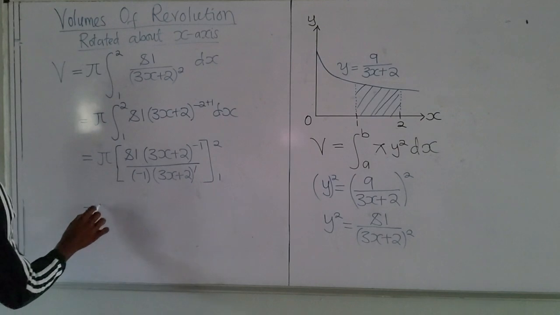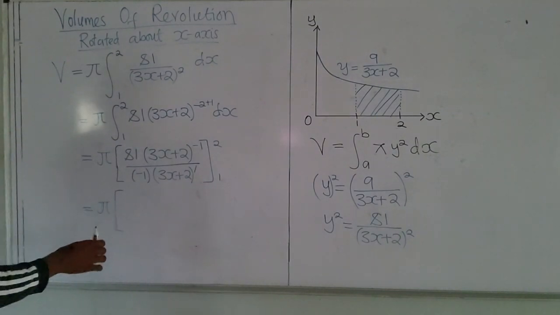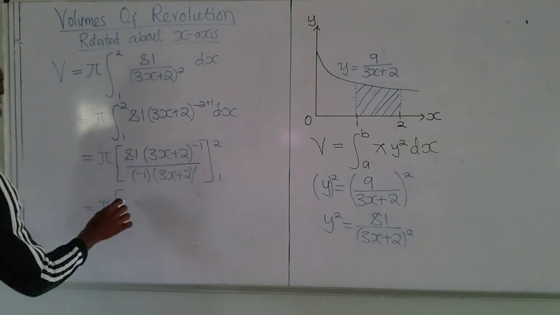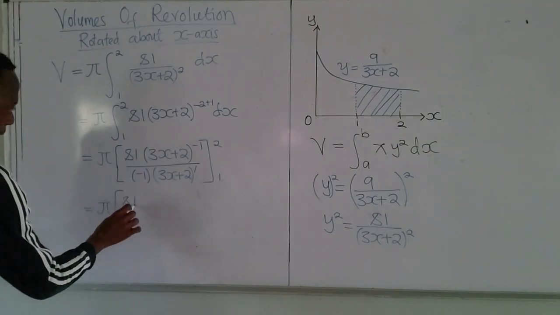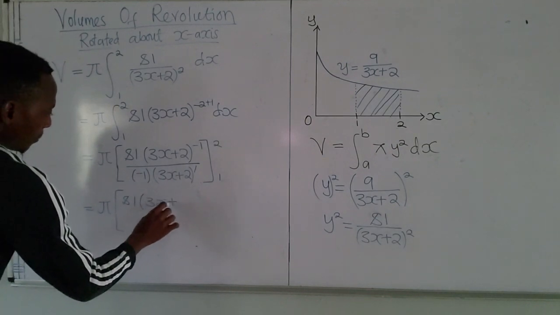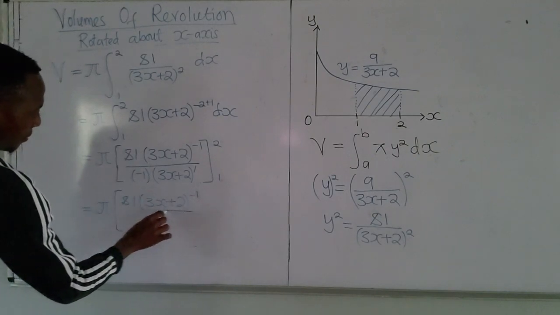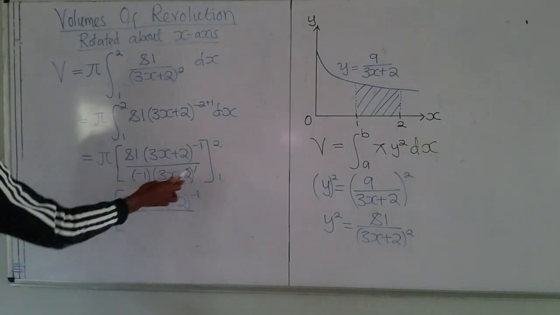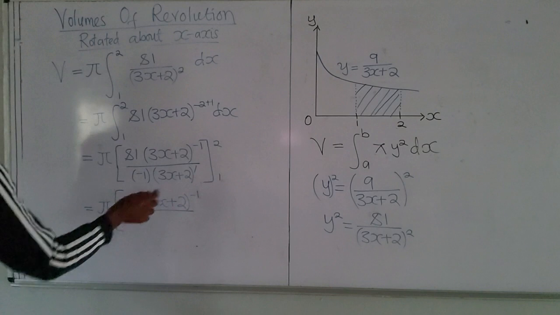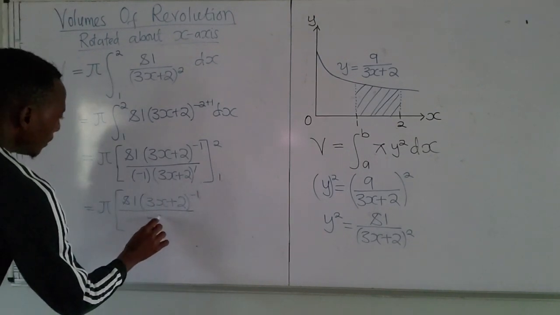Here we are still multiplying by pi. We can see that 81 multiplied by (3x plus 2) to the power negative 1 divided by, when we differentiate this, we get 3. 3 times negative 1, we have negative 3.